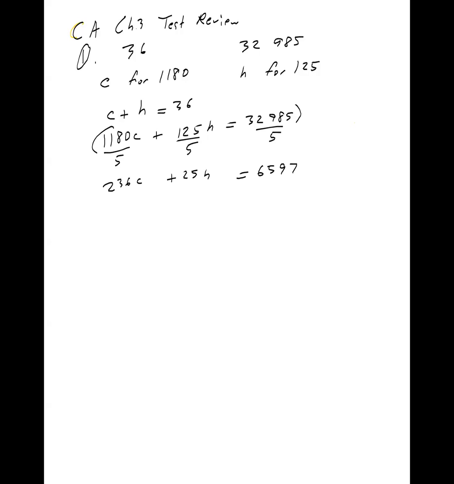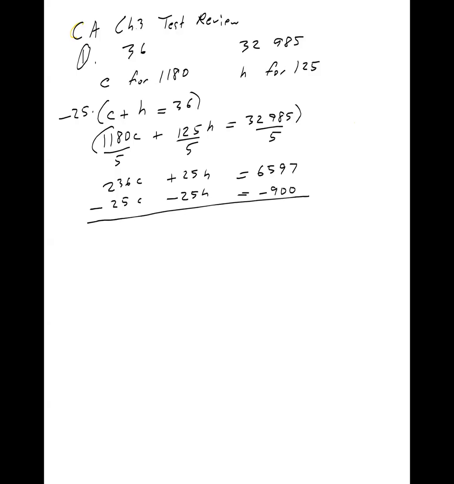Out of those numbers, the smallest number is 25. So we're going to take this top equation and multiply it by negative 25, which will make us get negative 25c, negative 25h equals negative 900.